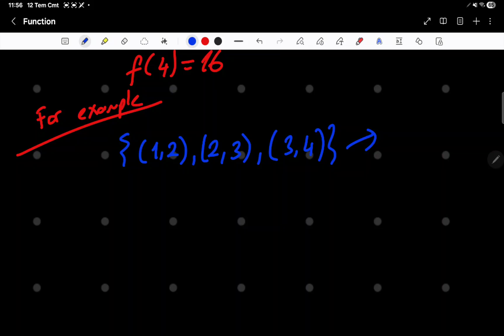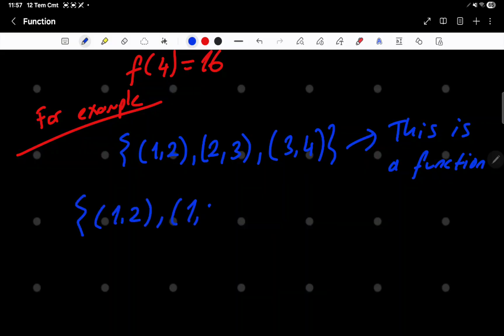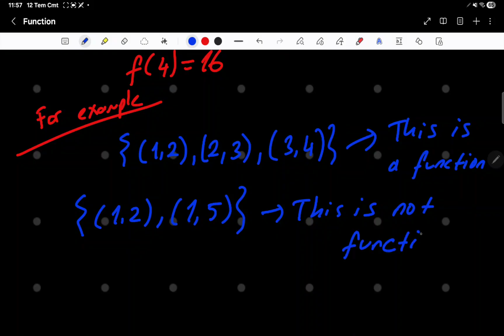For example, (1, 2), (2, 3), (3, 4). This is a function. But (1, 2), (1, 5) is not a function.